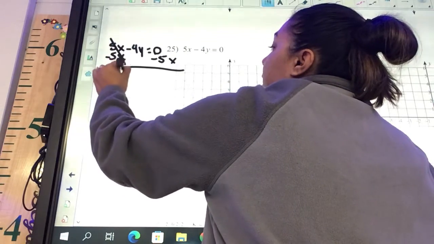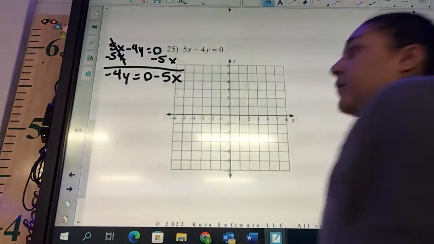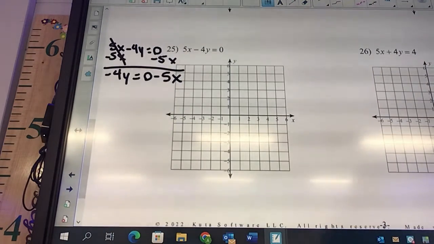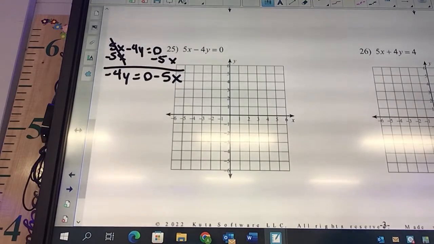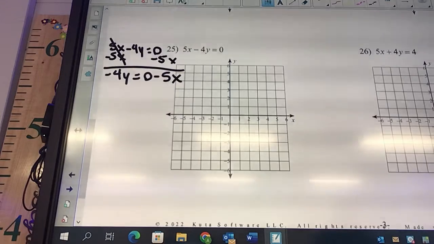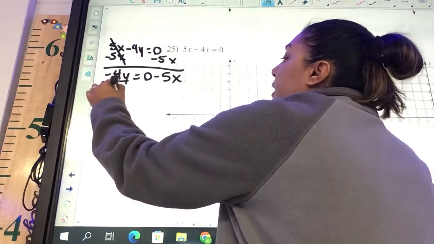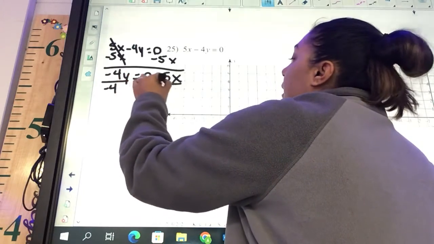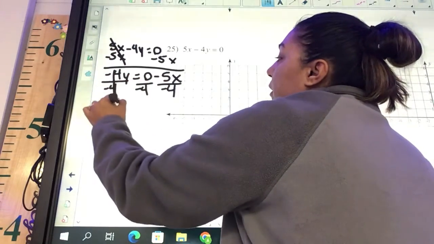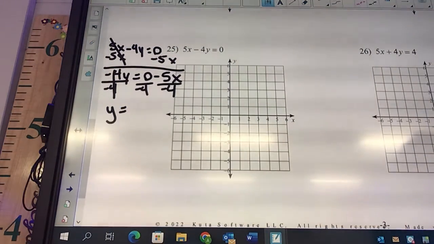Okay, so I got negative 4y equals 0 minus 5x. Okay, and then what? Divide both sides by negative 4. Do we always have to divide? No. Okay, if there's no number by the y, you don't have to divide. What is 0 divided by negative 4? 0.